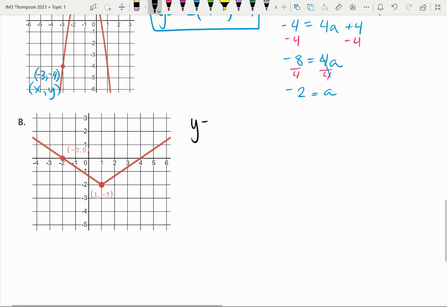All right. So, like we previously talked about, the equation for an absolute value function in vertex form is y is equal to a times the absolute value of x minus h, plus k.